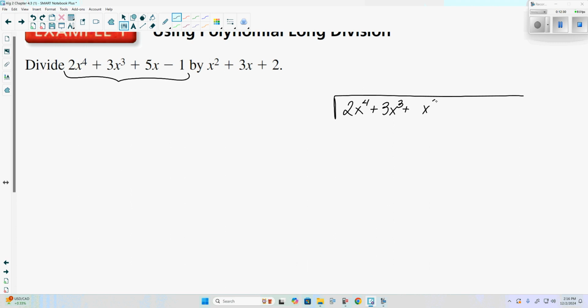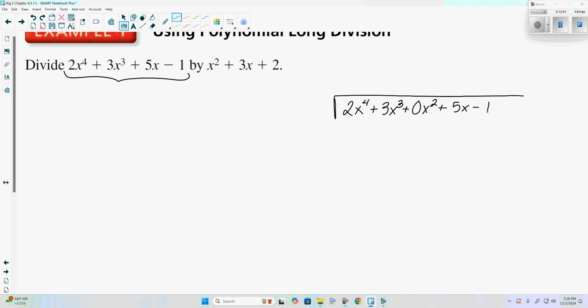Then we have our x squared term, which is, what is the x squared term? 0. We don't have one. We have to put it back in. We need a place for our x squared. Now we do have our x term, which is 5x minus 1.